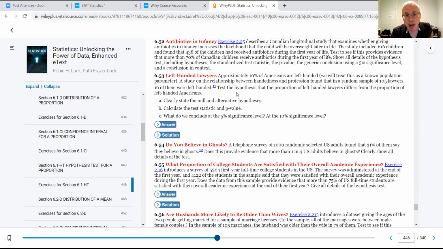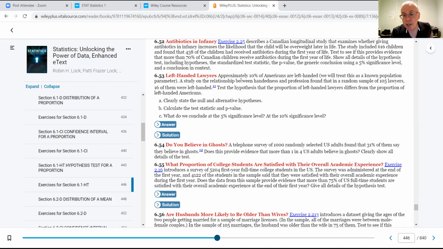So we want to test the hypothesis that the proportion of left-handed lawyers differs from the proportion of left-handed Americans. In other words, we want to test the null hypothesis. Number one is that H naught, or the null hypothesis, is that P is equal to 0.1. In other words, the null hypothesis is saying there's no difference between lawyers and the rest of Americans.